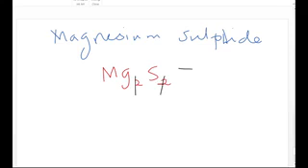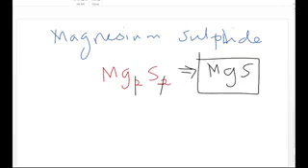This one will cancel this, and it becomes what? MgS. So magnesium sulfide is what? MgS. Do you get it?